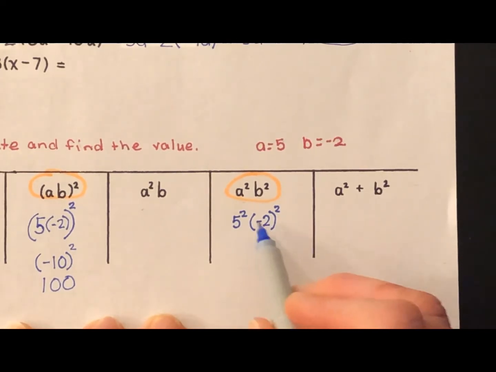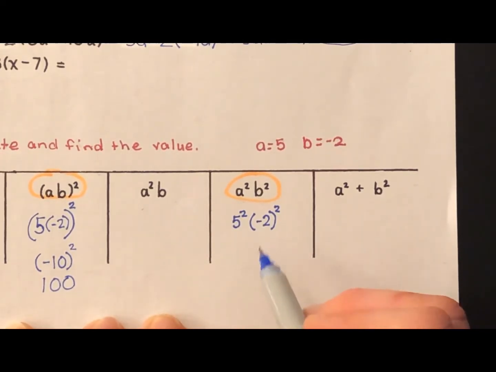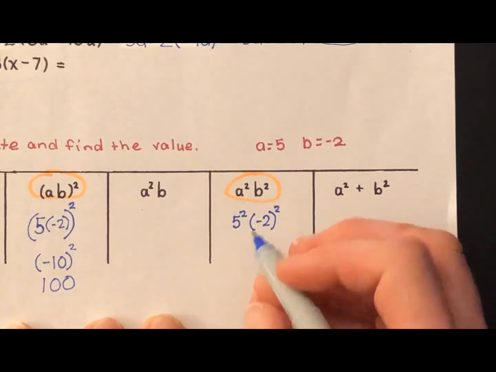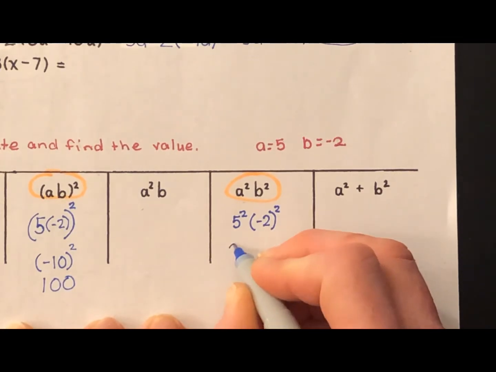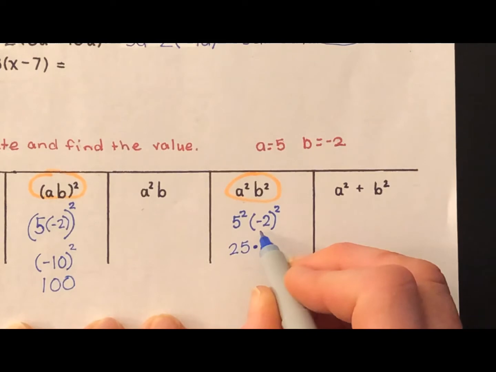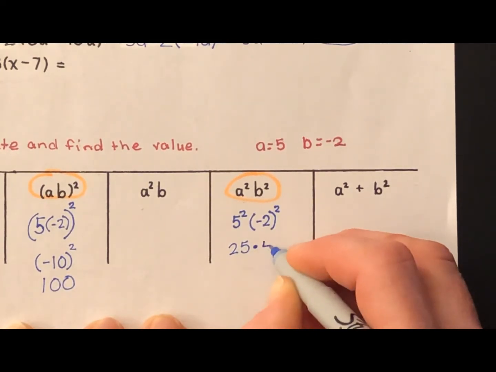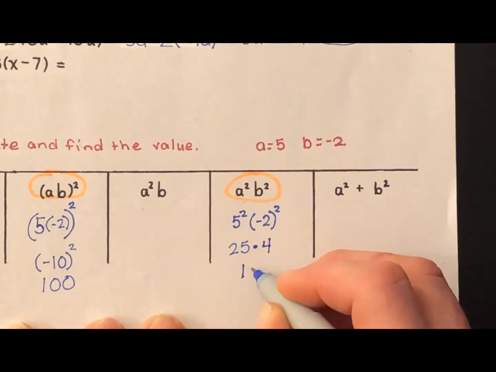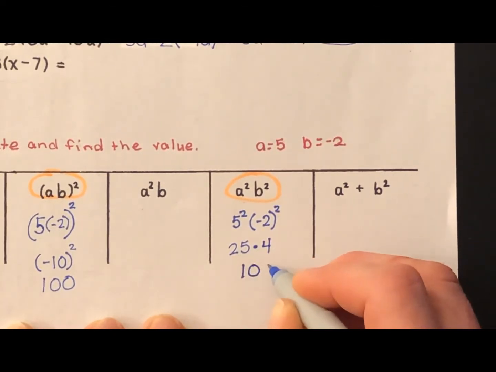Since this pair of parentheses does not have an operation inside of it, it's simply another way of showing multiplication. So 5 squared is 25 times negative 2 squared is positive 4, which gives us 100.